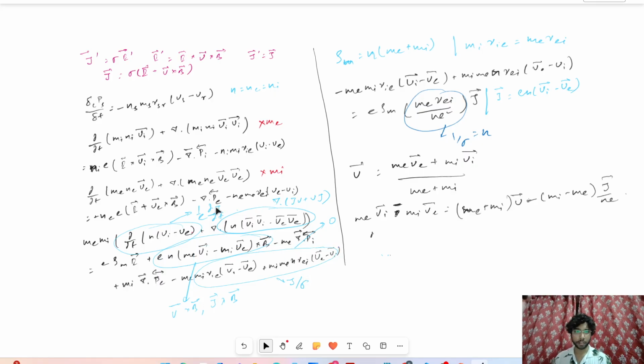So if you just do this, you will get del dot Ju plus Uj. So you just have to expand this, right? You just put the expression for J and the expression for U, and just calculate Ju plus Uj and you will get this term.